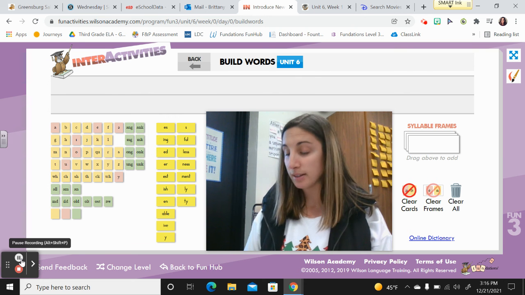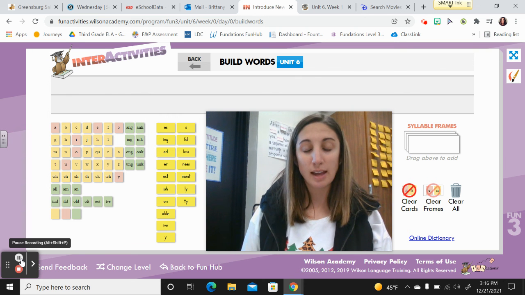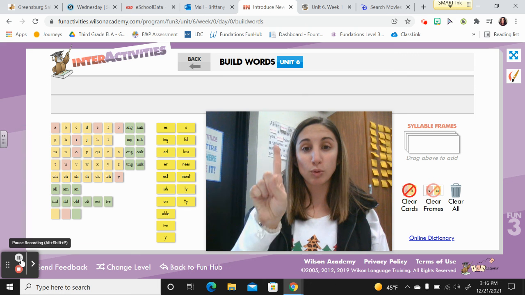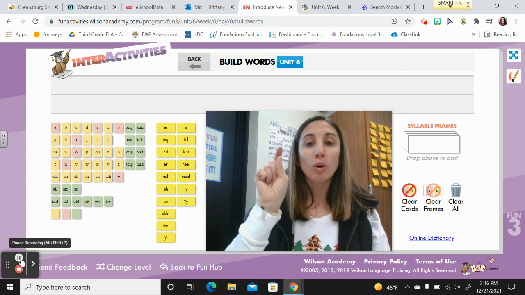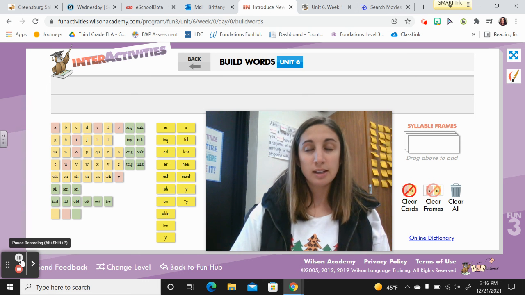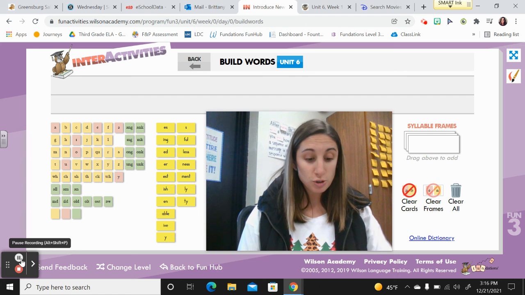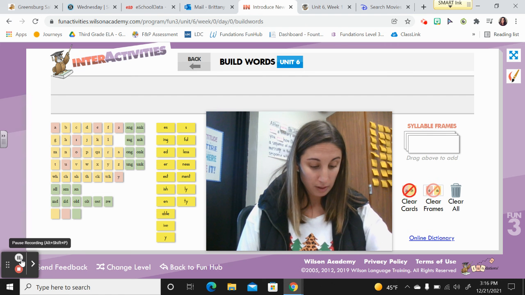Word number 2 is rocket. Say it. Rocket. That has 2 syllables. Rock, et. Now think, does that have a schwa? You're allowed to use your tools if you have your student notebook.